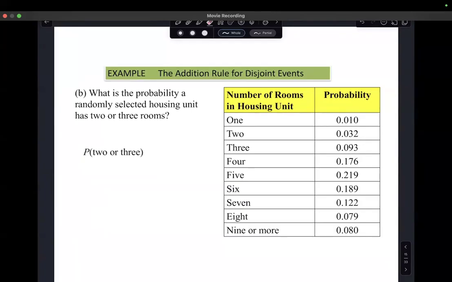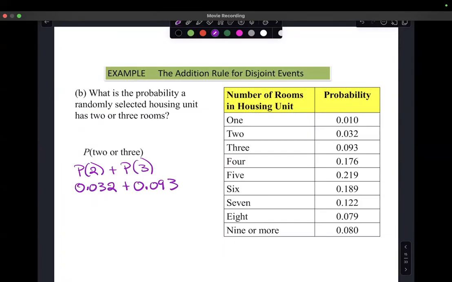So I'm going to do the probability of 2 plus the probability of 3. So I want to know what's the probability of randomly choosing a two-room unit or a three-room unit. So I just take those two probabilities and I just add them together.